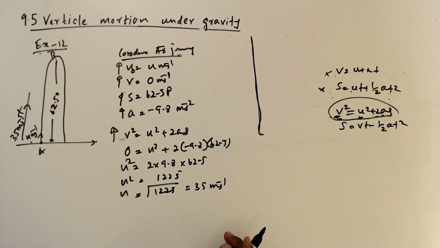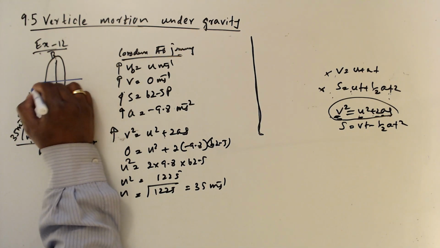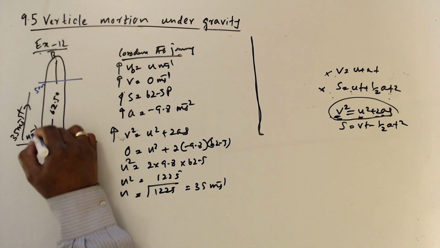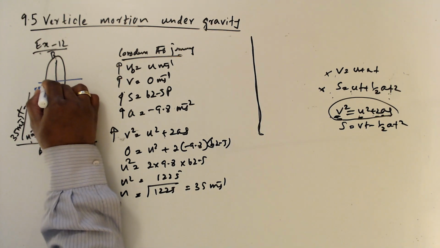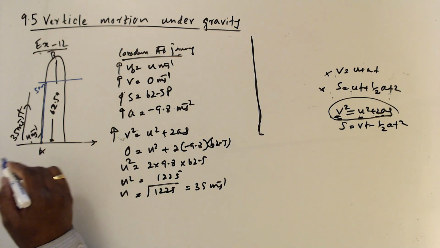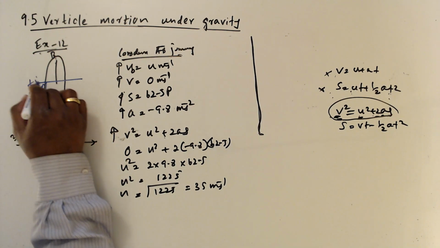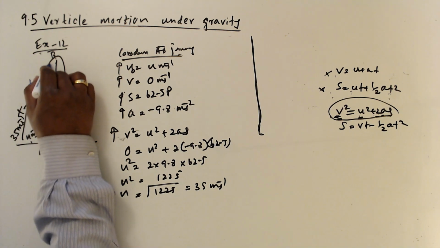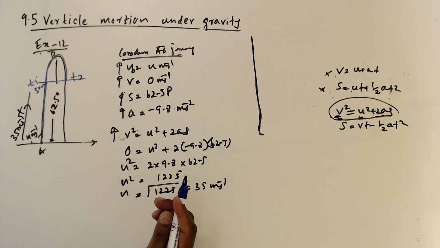Part B is the total time for which the particle is 50 meter above or more. So this is 50 meter. Basically when we calculate the time the particle goes to 50 meter, we will get two answers. One is T1 when it is going up, and the second when it's coming down.